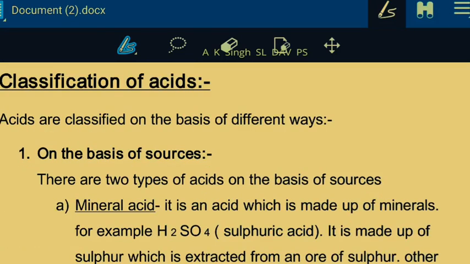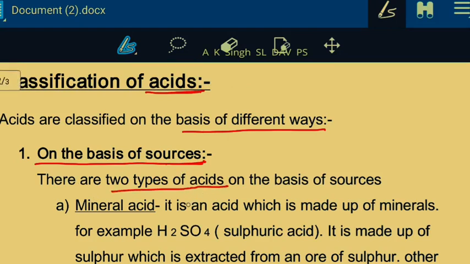Now, classification of acids. How are acids classified? Acids are classified in several ways, of which the first is on the basis of sources. On the basis of sources, there are two types of acids.